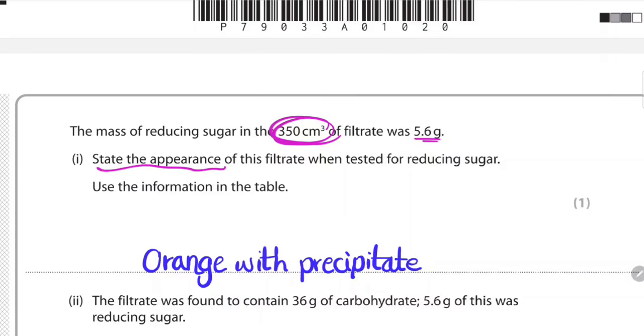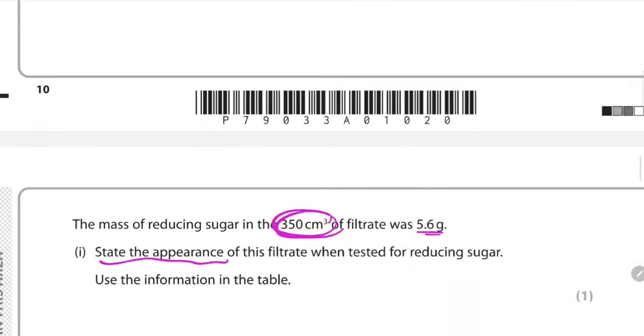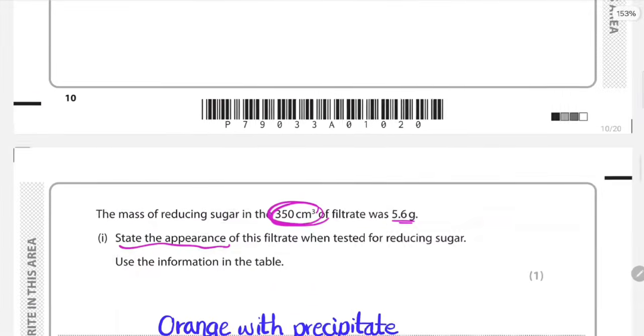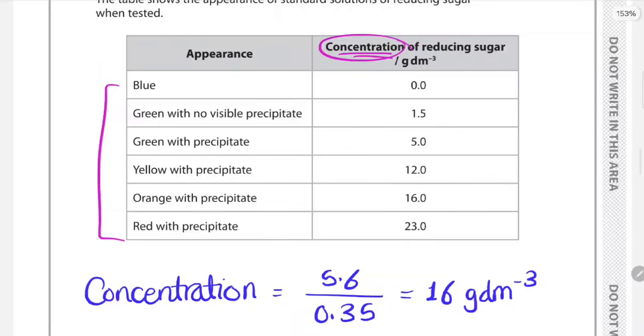State the appearance. So this means that I have to get back to the table, but the table doesn't have the numbers in the mass or in the volume. It has it in the form of concentration.